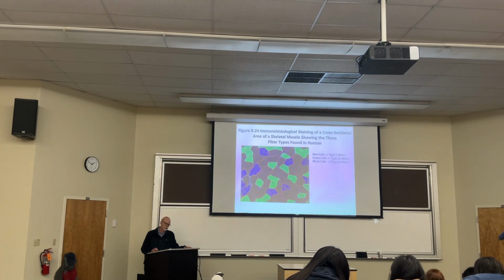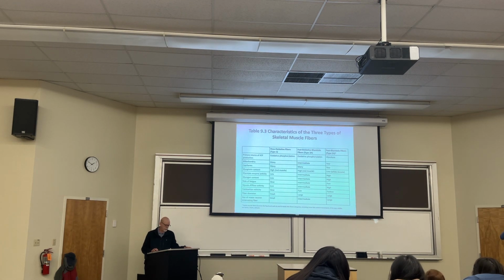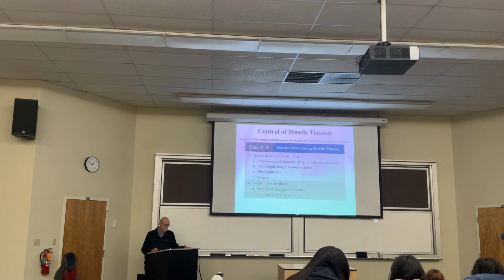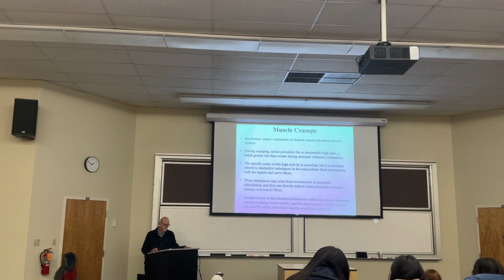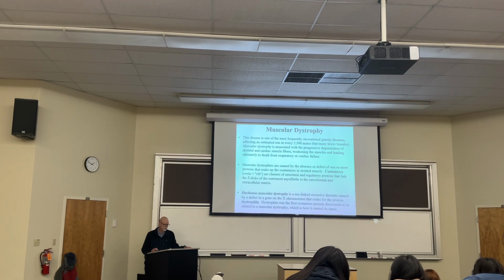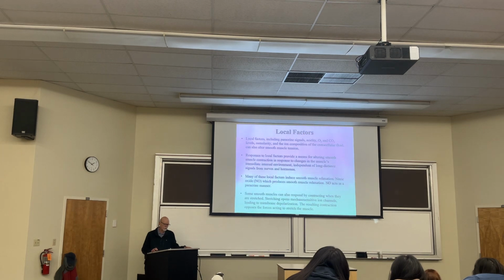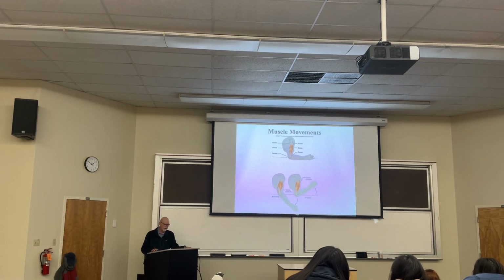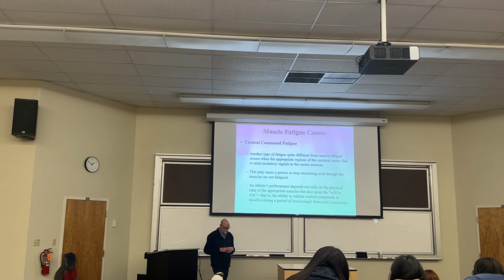Then we're going to look at different types of skeletal muscle fibers genetically, and the characteristics there. And then we'll look at more skeletal muscle disorders, and then we'll look at smooth muscle and cardiac muscle. That'll be the next 2 days for all that. But that's just to show you where we're heading over the next 2 days.